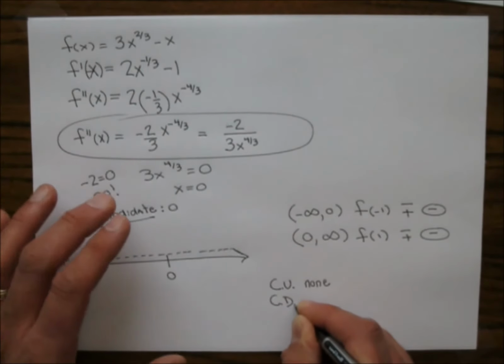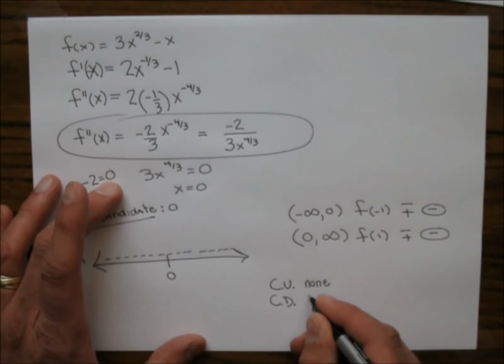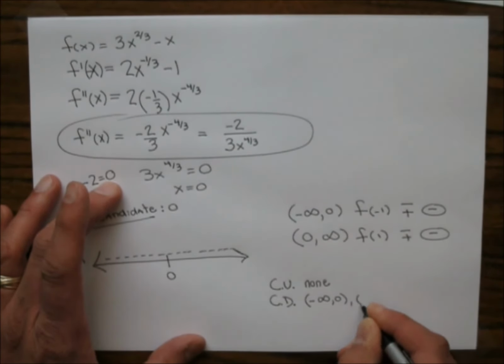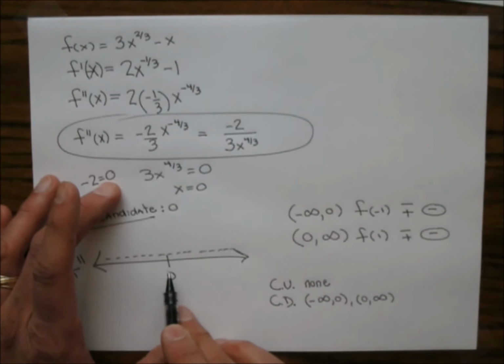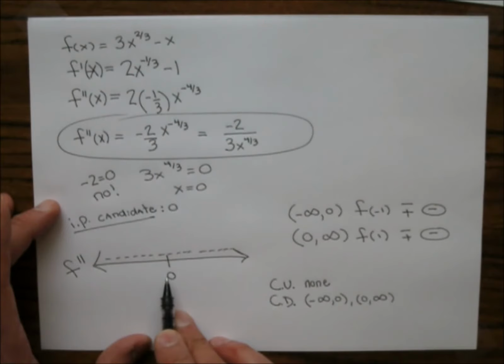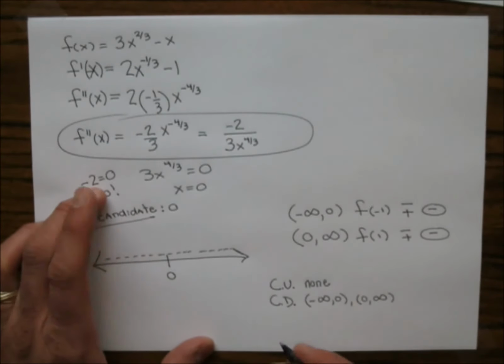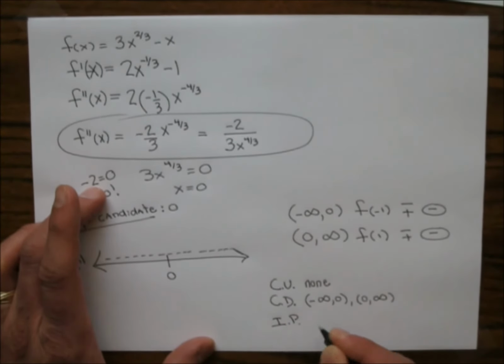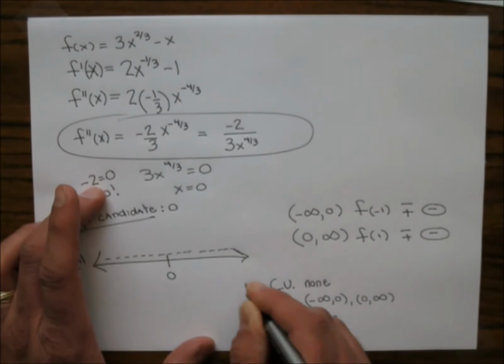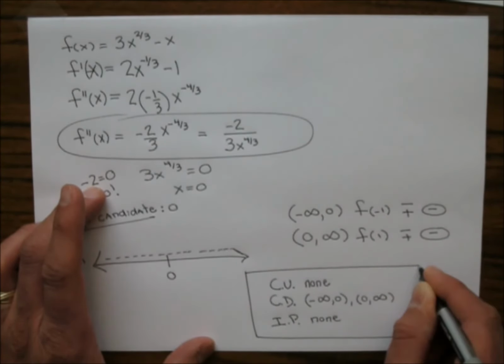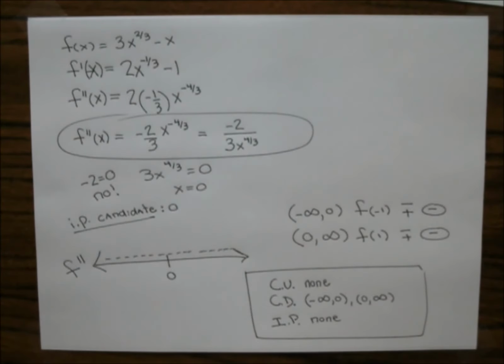Concave down would go from negative infinity to 0, and from 0 to infinity. We don't include the 0 because it's still some sort of IP candidate. We'll see what happens when we draw the graph there. So for inflection points, we are going to put none. And that ends the search for inflection points and concavity.